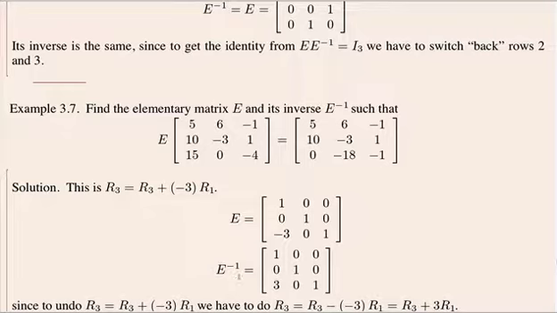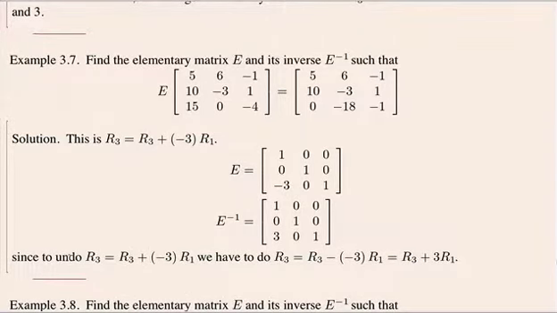And the inverse of that is if you switch the sign of this below-the-diagonal entry from minus 3 to 3, which can also be understood as saying that to undo the effect of adding minus 3 times row 1, you have to subtract minus 3 times row 1, which is adding 3 times row 1 to row 3.